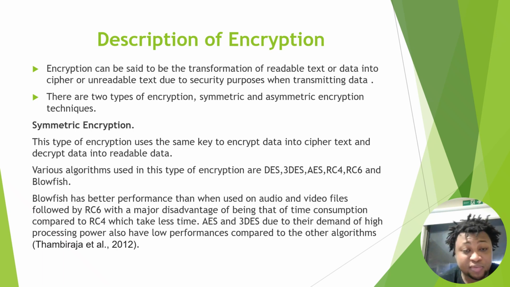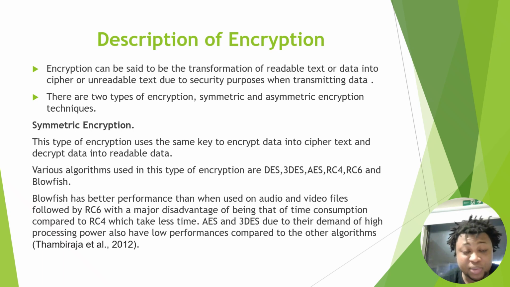The various types of algorithms used in symmetric encryption are DES, triple DES or 3DES, AES, RC4, RC6, and Blowfish. We find that Blowfish has better performance when used on audio files and video files to convert them into ciphertext, followed by RC6.